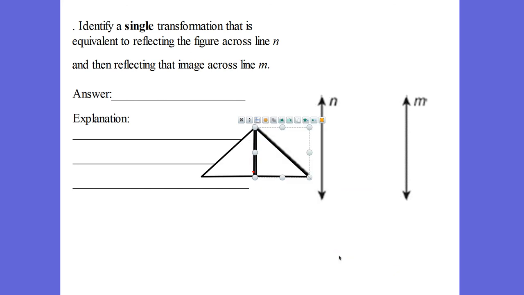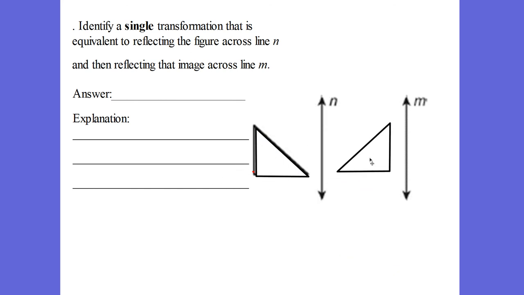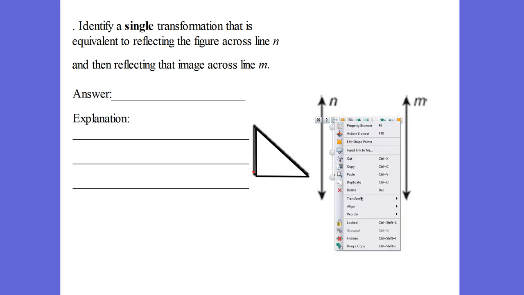There we go. So there is my reflection across that, right? Now, if I reflect this one here, what's going to happen to it now? Same thing, right? So I'm going to reflect that one.